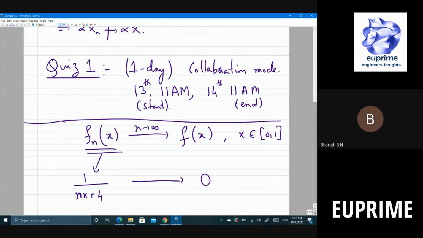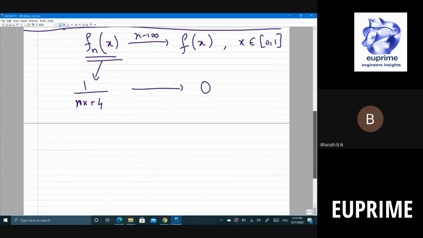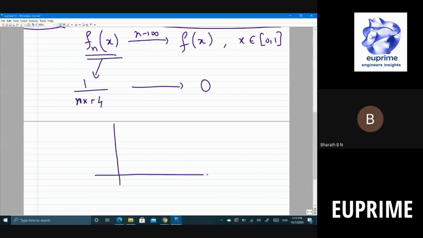If you plot this function for different n, let's look at how it looks. For n equal to 0, it's 1 by 4, a constant. This is how it looks for n equal to 0.